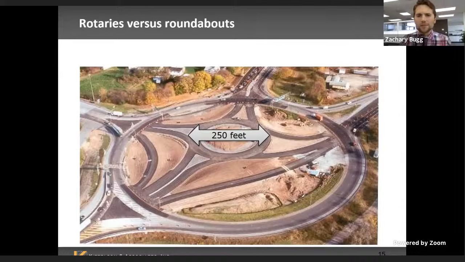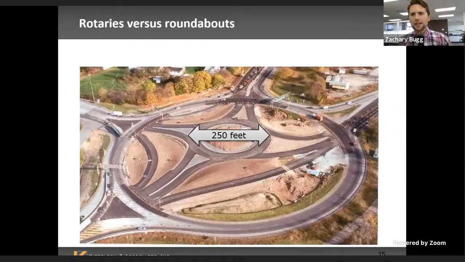Back to the big rotary roundabout that we were talking about earlier, the supersized roundabout from upstate New York. This has actually been retrofitted to become a multi-lane roundabout. There are quite a few of these traditional rotaries in upstate New York and in New Jersey, and also throughout the New England states, such as Massachusetts.